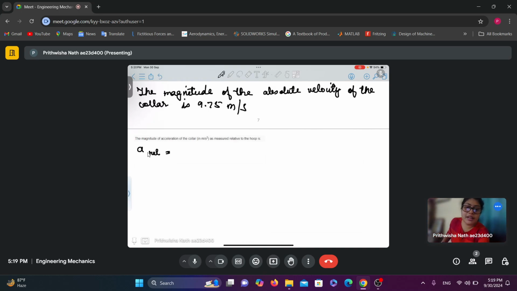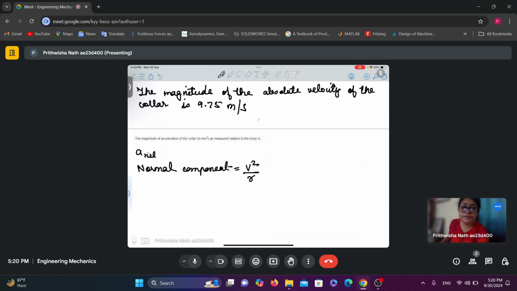So first we will calculate the normal component of the relative acceleration. That is nothing but v square by r.